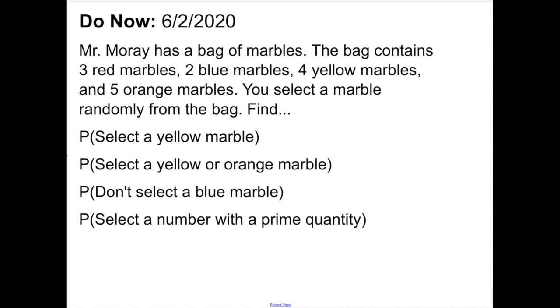Okay, so keep in mind that after each time you select the marble, you're starting over. So after you select the yellow marble, for the next probability, you're assuming you're starting all over with 3, 2, 4, and 5. Okay? So please pause the video, try to find these probabilities, and then when you're ready, unpause, and you can see what I got.